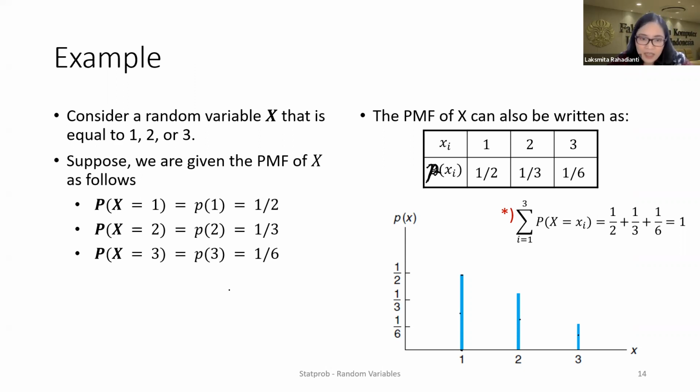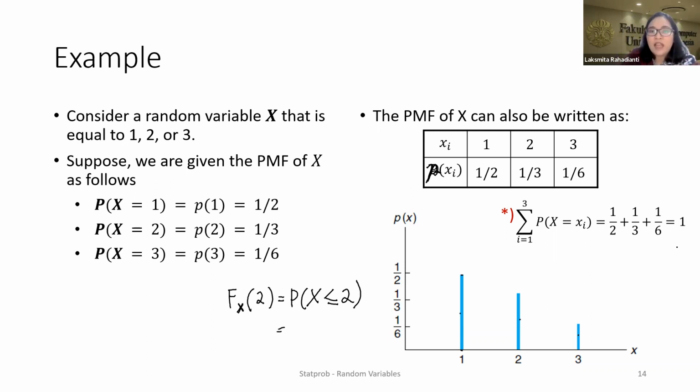If I ask for the cumulative distribution function of the random variable X at a value of 2, this is the probability of X being less than or equal to 2.